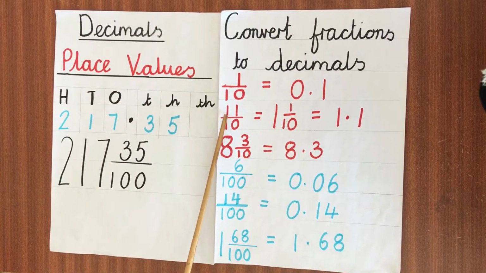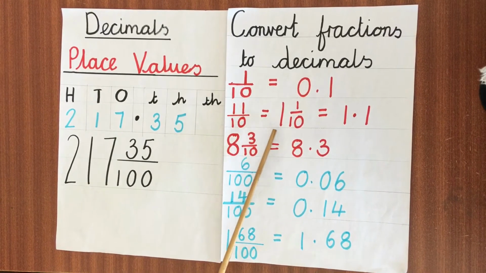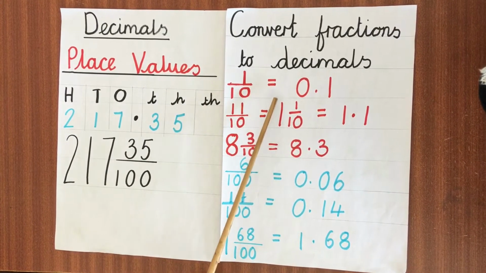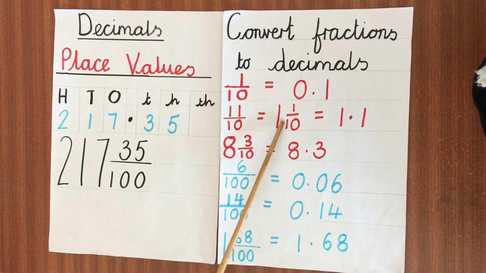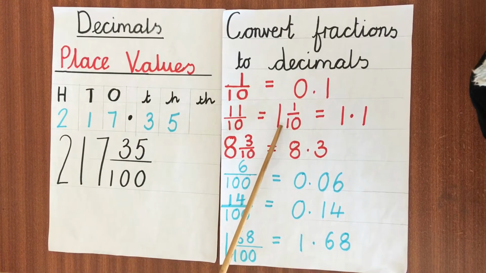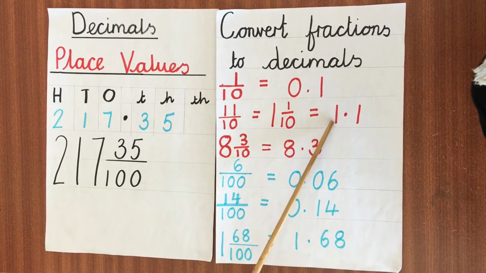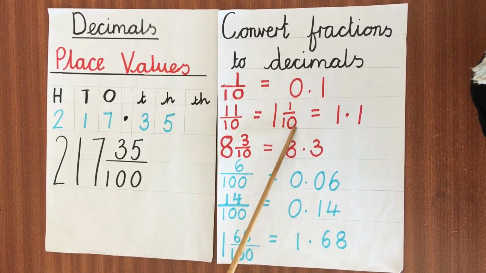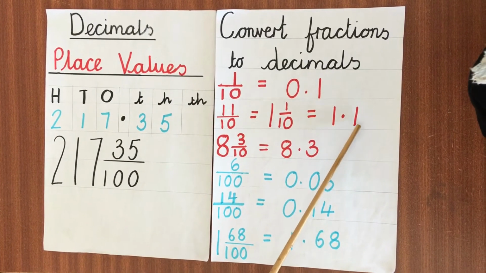If we have an improper fraction, 11/10, we change it to a mixed number, which will be 1 whole and 1/10. Because we have 1 whole, this one goes into the ones. And the 1/10, the 1 will go in the tenths, the first value after the point.